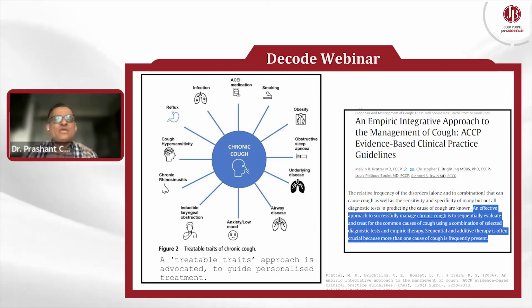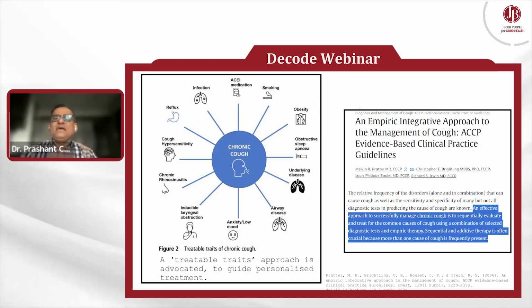Then you look for chronic rhinosinusitis. You've got cough hypersensitivity, acid reflux. So I think this is a very important figure, and that's something that we can really follow for a step-by-step evaluation of chronic cough. Because when an individual comes to us with a cough for more than 2 months, I think we need to give some time and take that individual systematically.